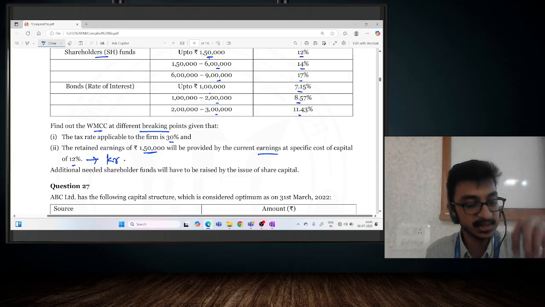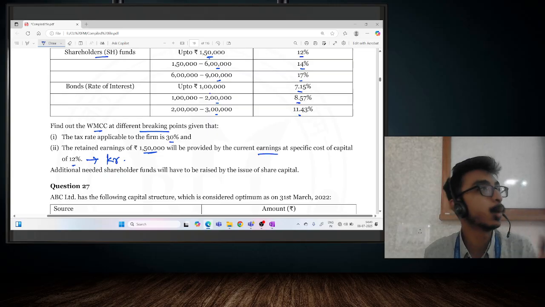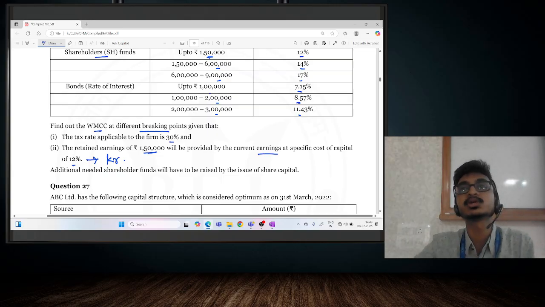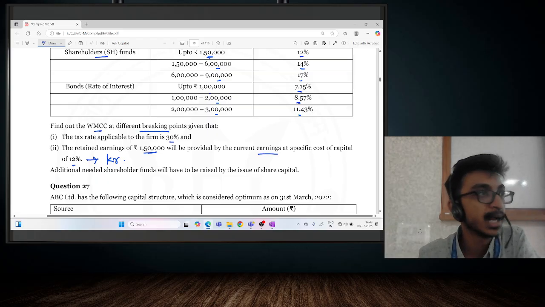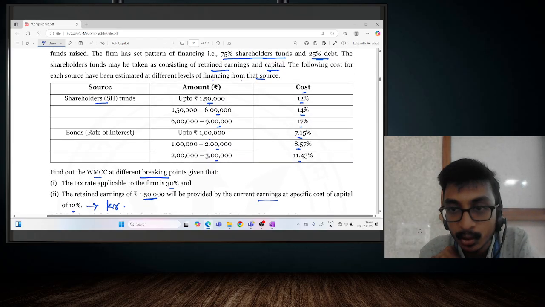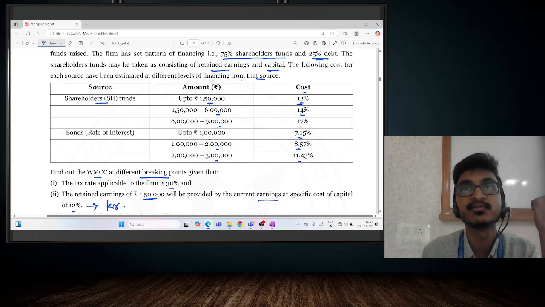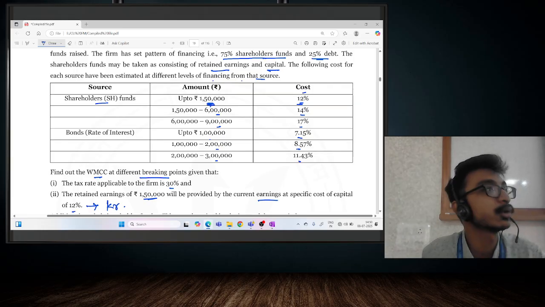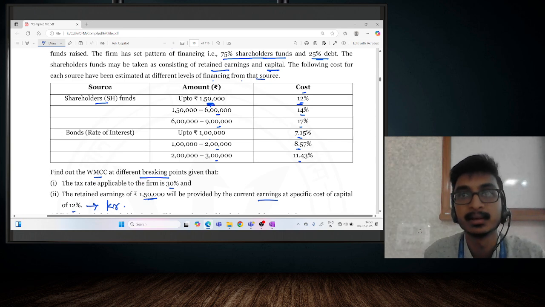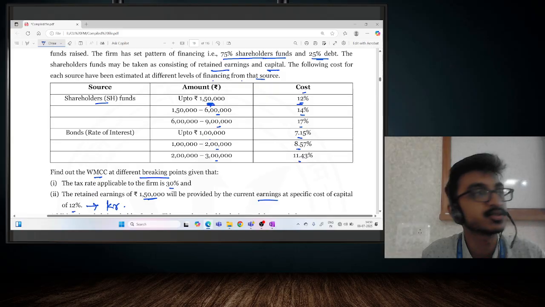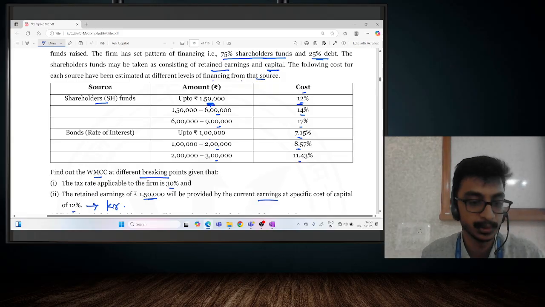So the existing retained earnings of the company is 1,50,000 and the cost associated with this 1,50,000 is 12%. That is what they have given here also. Up to 1,50,000 rupees, the firm can finance at the rate of 12%. So this 1,50,000 is nothing but retained earnings. Clear? And the cost of retained earnings is 12%. Is this point clear? Any doubt in this?